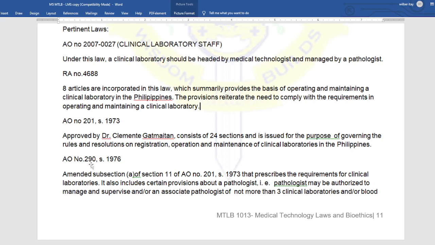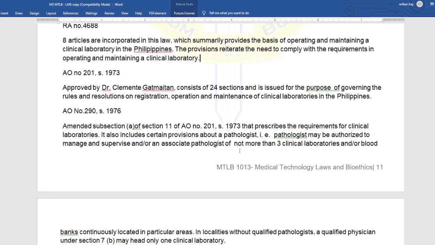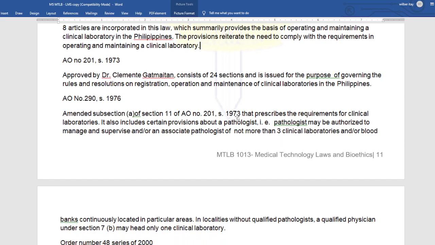Sa AO number 290, series of 1976. So, itong mga ito na-amend, mga amendment. Okay, requirements for clinical laboratory, as well as provisions sa pathologist. Okay, so here guys, under this law, a pathologist may be authorized to manage and supervise not more than 3 clinical laboratory.